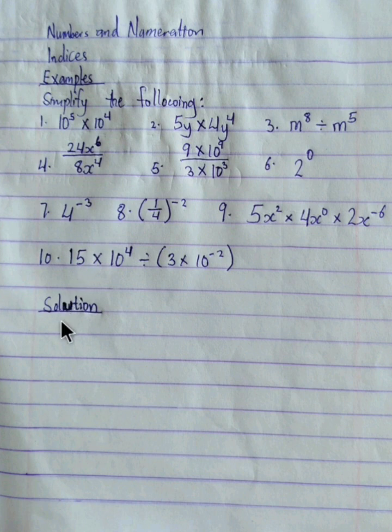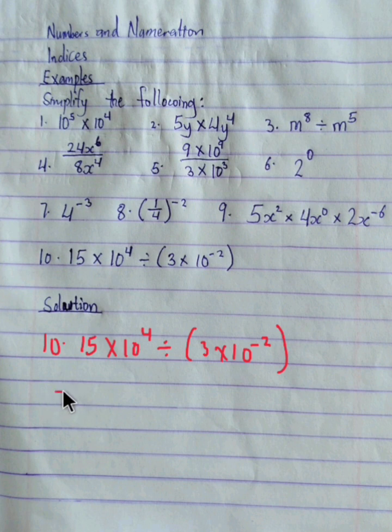In the last example, example 10, we have 15 times 10 raised to power 4 divided by 3 times 10 raised to power minus 2. If you look at this expression, we have division here.